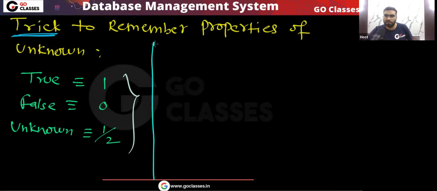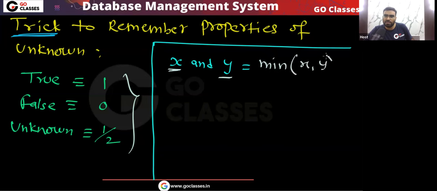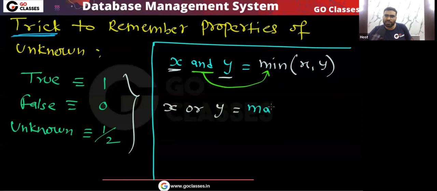Now this is very simple. If I do x and y, the result will be whichever is minimum of them. So and simply means minimum of x comma y. And if I do x or y, just find the maximum of x comma y.